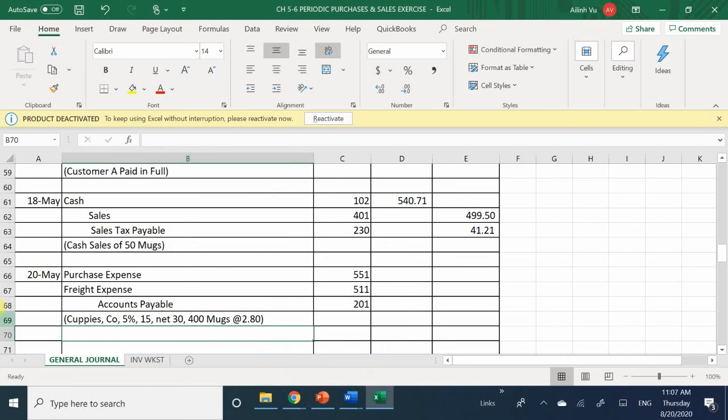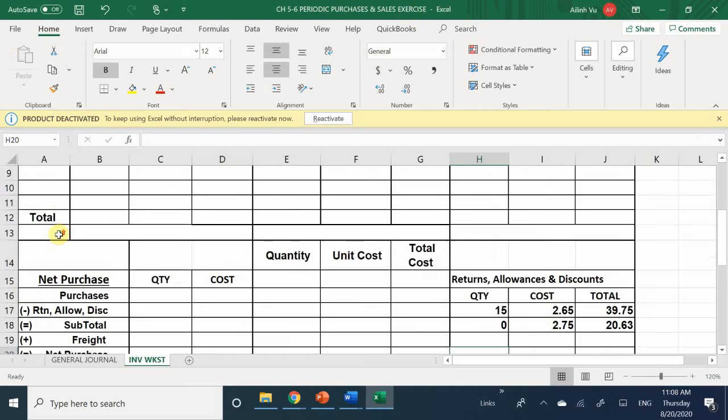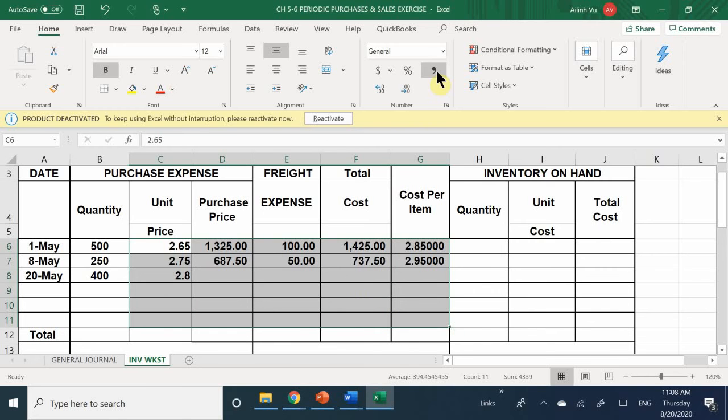Now this is where we can go into our inventory worksheet. Let's journalize this. On May 20th, we purchased 400 items at $2.80.